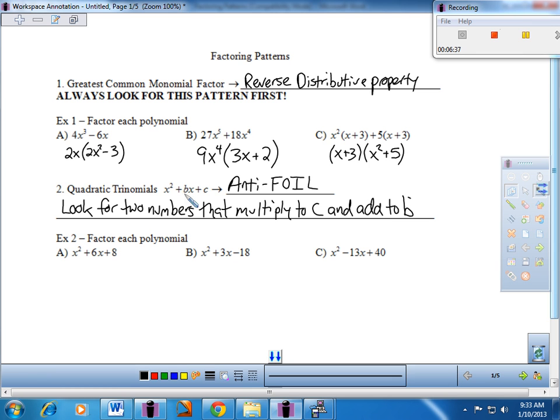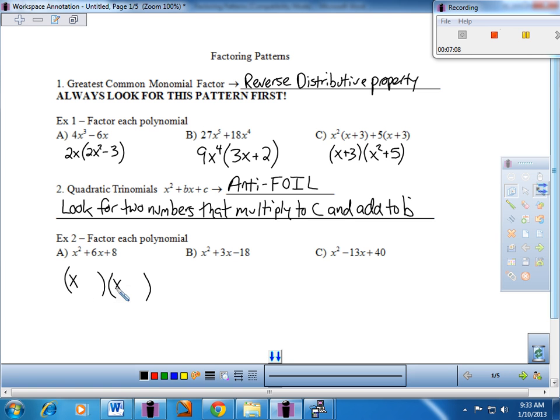So same premise, I would encourage us to do example 2 where I'm going to go ahead and anti-foil it, meaning create 2 binomials. And again, this is factoring because it's a product of these 2. There's multiplication right in between. And what we want to do is, as I said, reverse foil. So I look at the first, and I had to get x squared. That'll come, of course, from x and x.